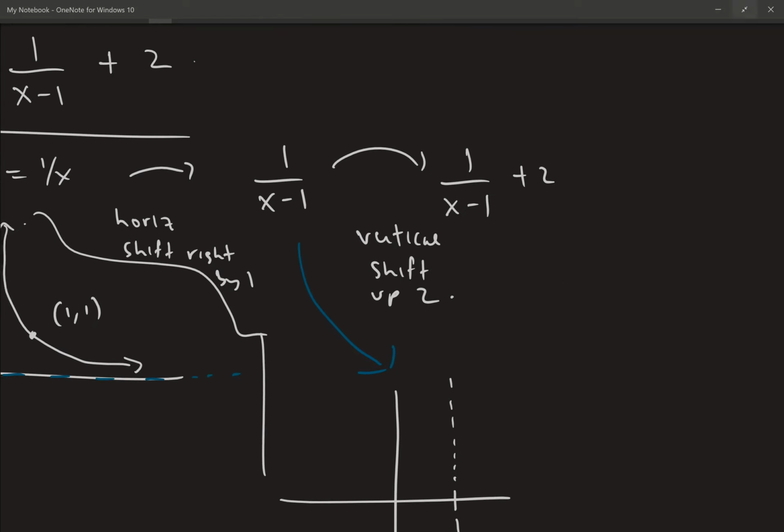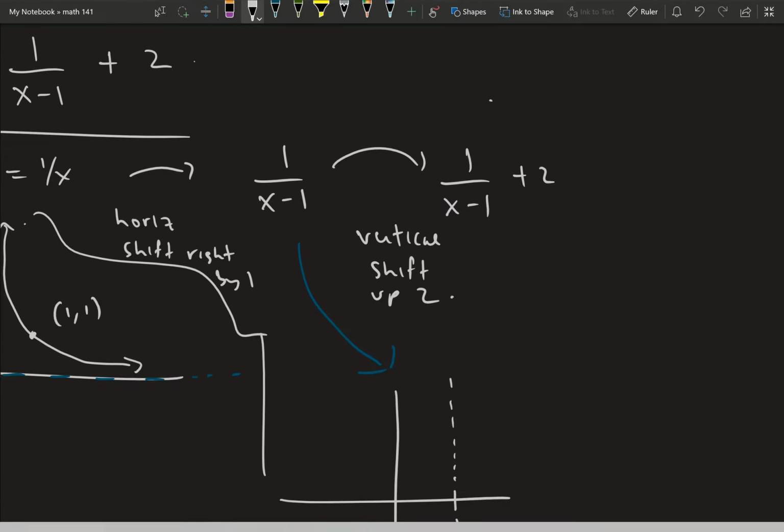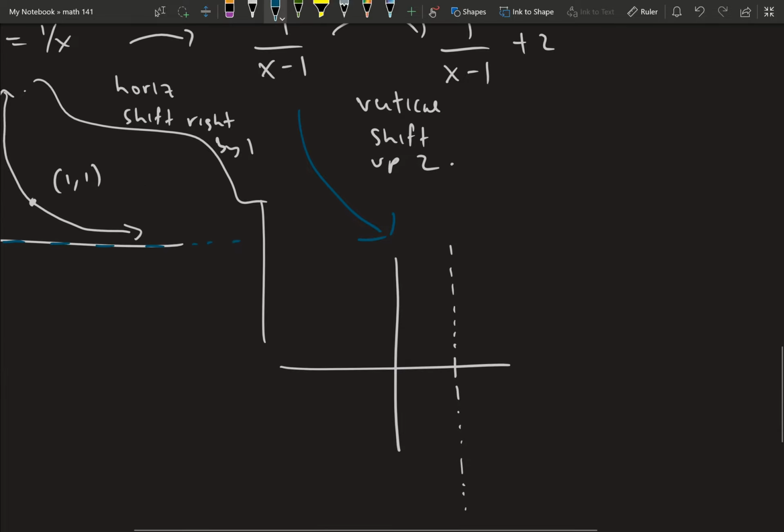I'm doing asymptotes in blue, so let me continue that with the horizontal asymptote. Since it's a horizontal shift, the horizontal asymptote continues to stay where it is.